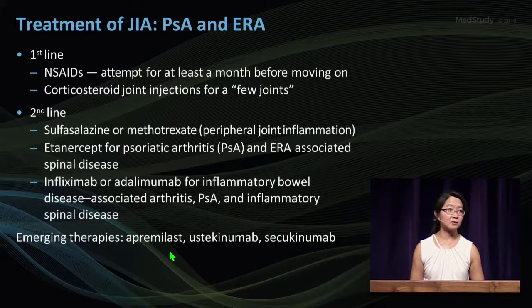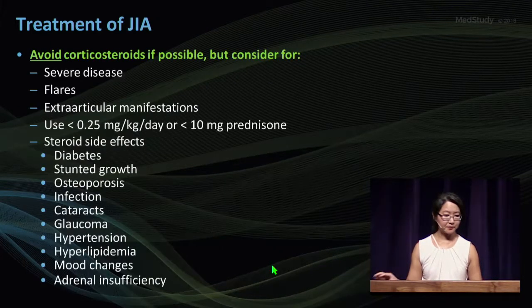Works very well to get rid of psoriasis, and you really don't have to do much monitoring in terms of labs, but it's not approved for children yet. Ustekinumab is also another drug that has been approved for adults, and I think they're studying this for children now, as well as secukinumab, which is an IL-17 inhibitor.